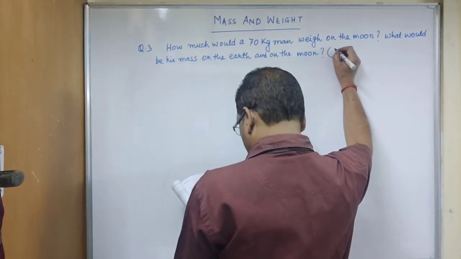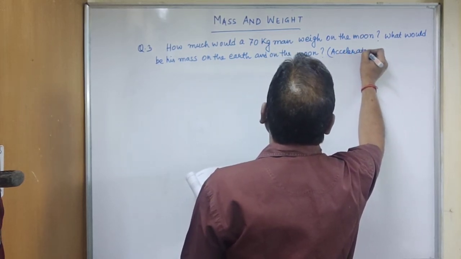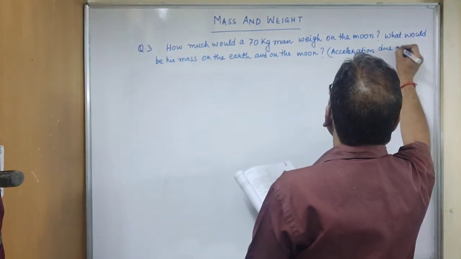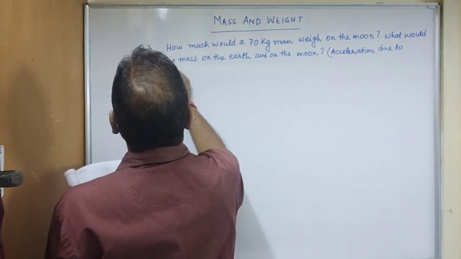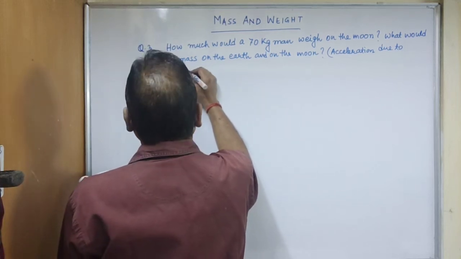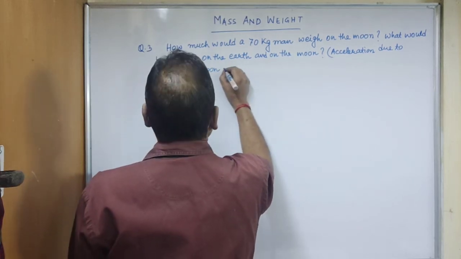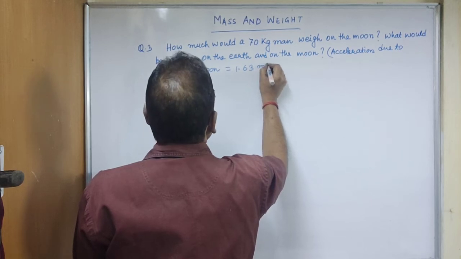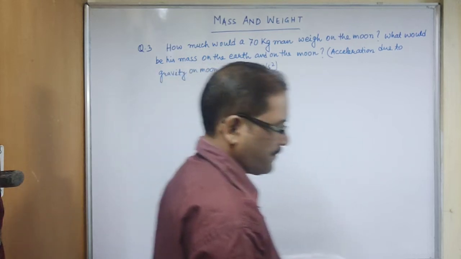Now for this question, acceleration due to gravity on the moon is given as 1.63 meter per second square. This value is given.